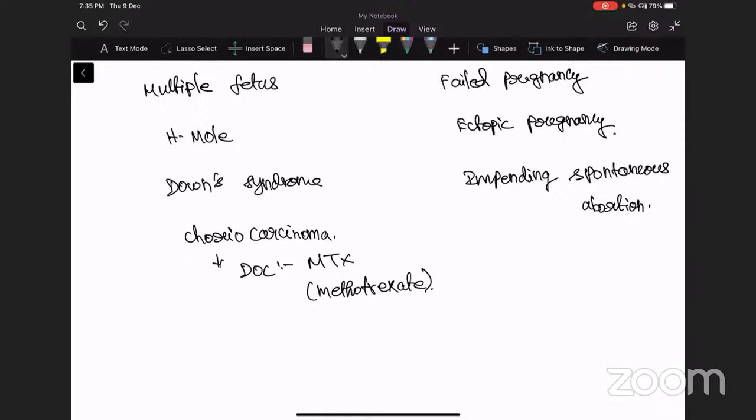What is the mechanism of action, or what is the vitamin that is being blocked by this methotrexate? What is the name of that vitamin?